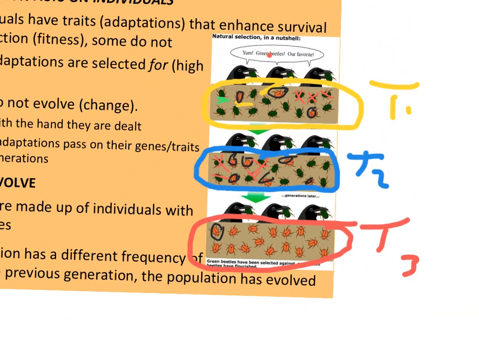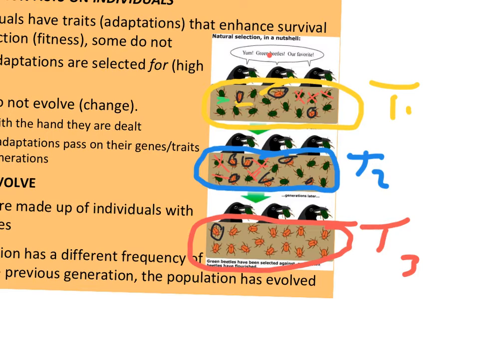Is this population at time 3 the same as the population at time 1? No. Completely different in terms of the alleles and the frequencies of alleles between T1 and T3. There are many more green alleles than orange alleles.